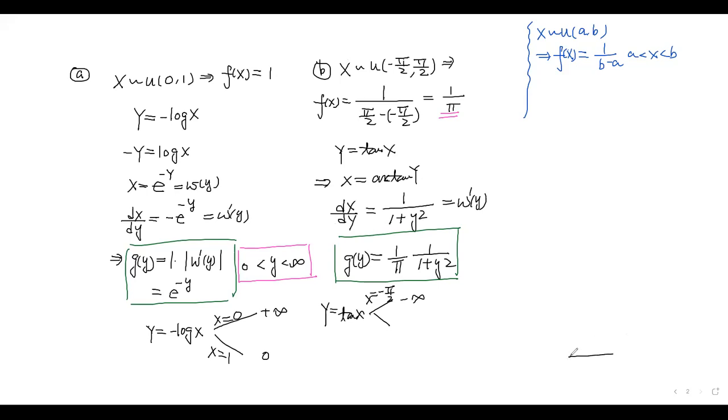Because I know my tangent goes like this, correct? All right, so when X is equal to pi over 2, this is infinity. So don't forget, we need to write here Y is from negative infinity to positive infinity. Like I mentioned, we have to do that.